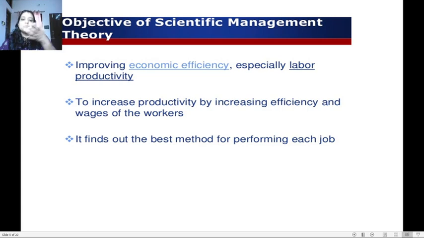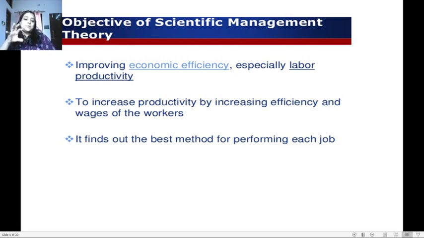He was looking into these issues, right? So he thought that if a particular person is doing a particular work effectively, that best method will be conveyed to each and every worker in the organization so that their efficiency also increases, right?